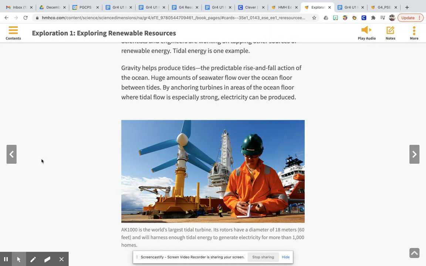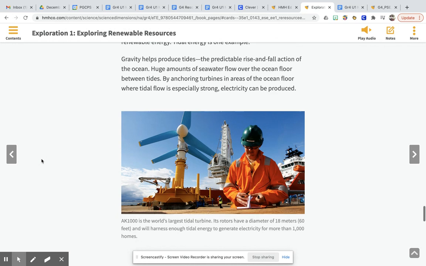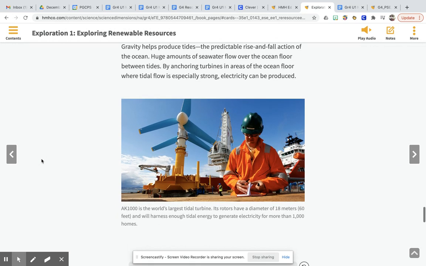By anchoring turbines in areas of the ocean floor where tidal flow is especially strong, electricity can be produced. Here we've got a picture of the AK-1000, the world's largest tidal turbine. Its rotors have a diameter of 18 meters, which is about 60 feet, and will harness enough tidal energy to generate electricity for more than 1,000 homes.